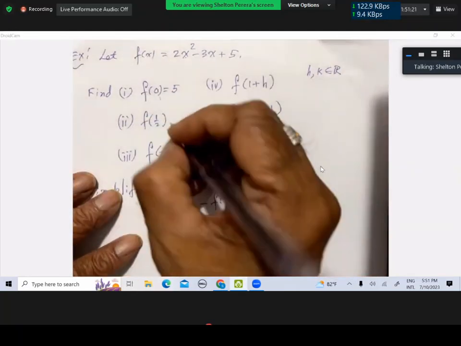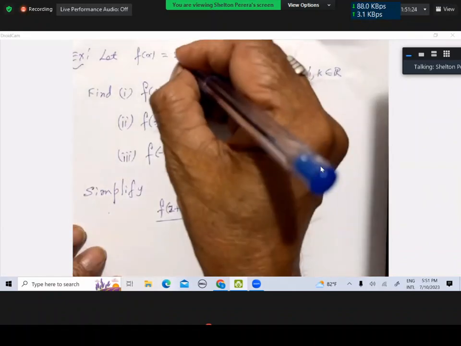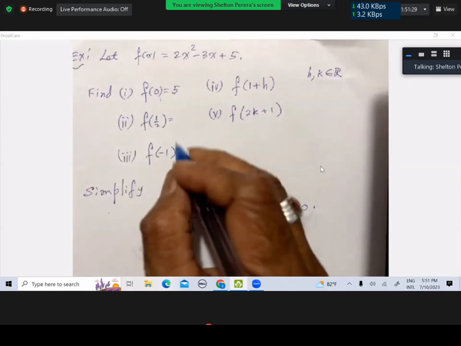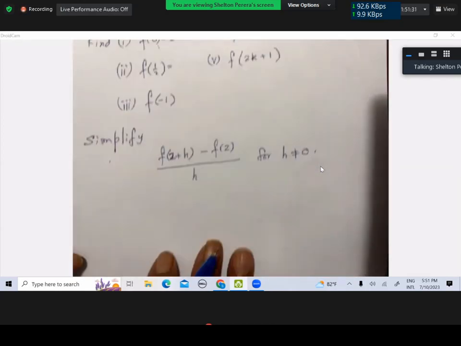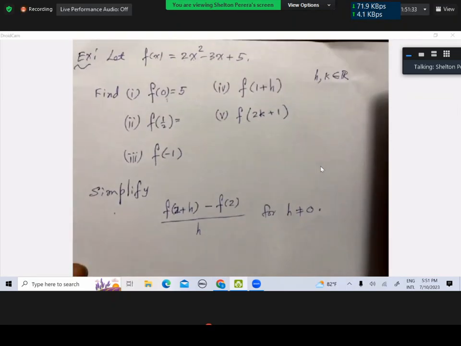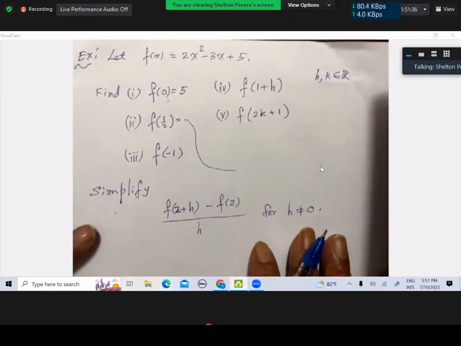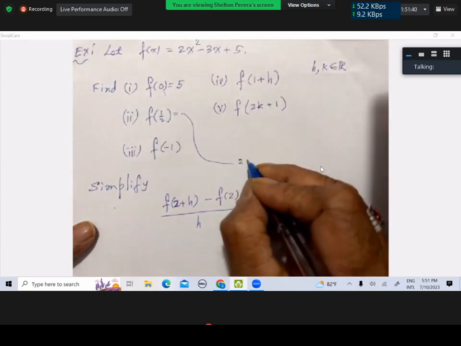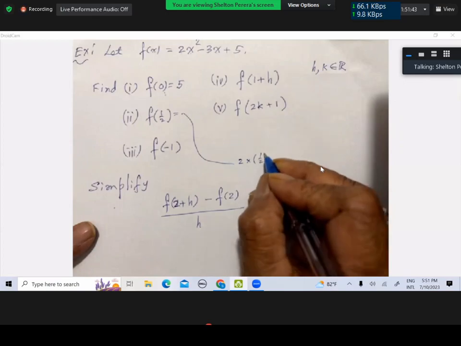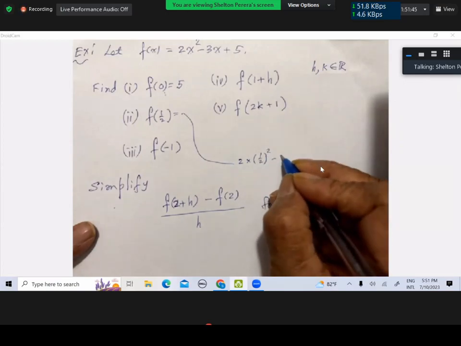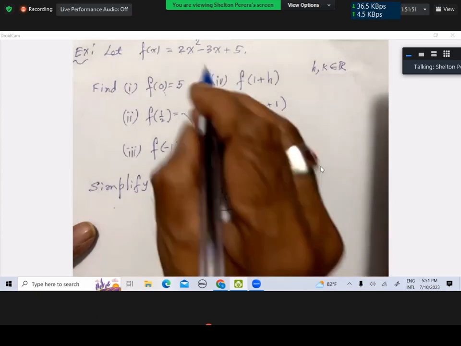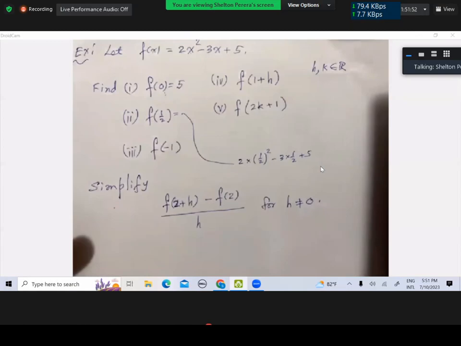What is f of half? Need some computation. F of half is 2 times half squared minus 3 times half plus 5. Input half. So wherever you see x, you put half for that.